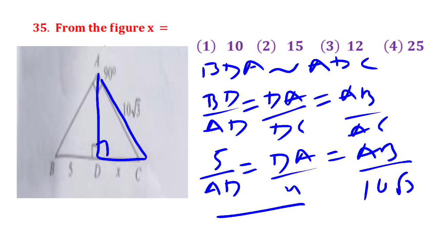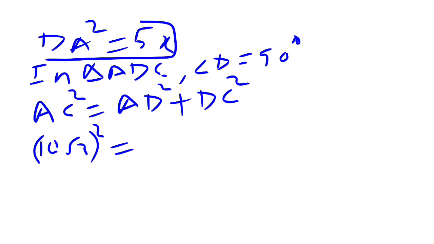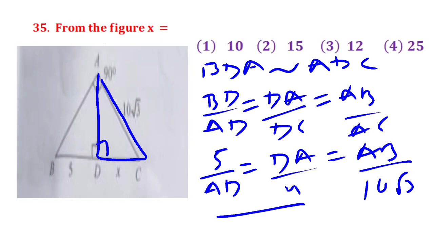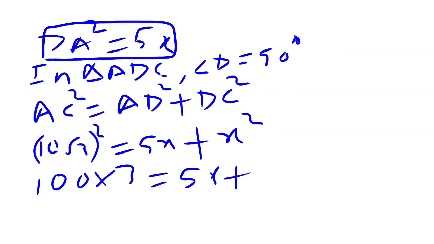AC value is 10 root 3, so 10 root 3 whole square equals AD square, which we already found is 5x, plus DC square, DC value x, that is x square. 10 root 3 whole square is 10 into 10, 100 into 3, equals 5x plus x square.